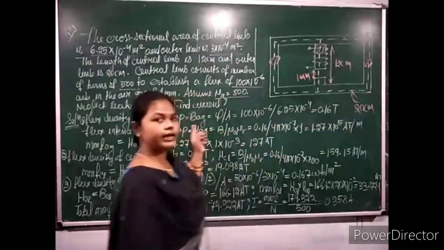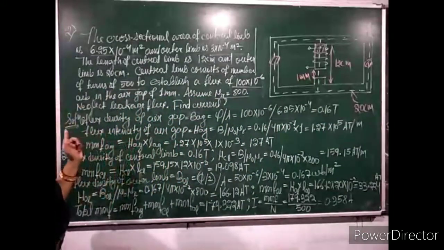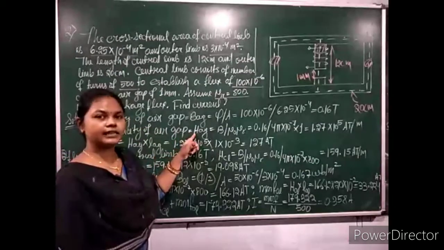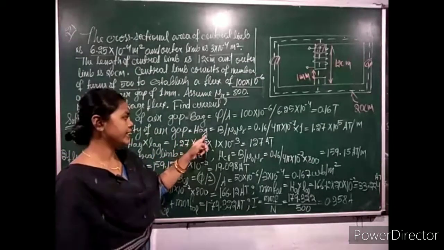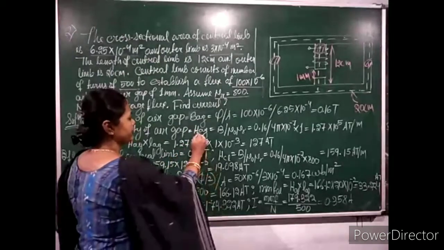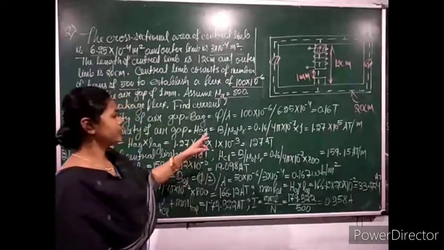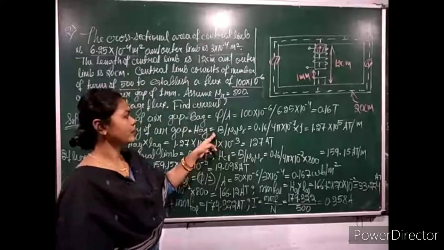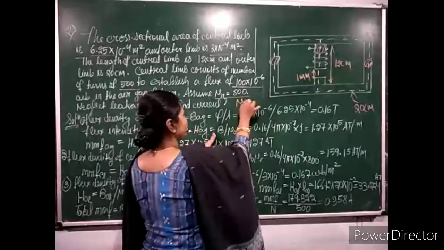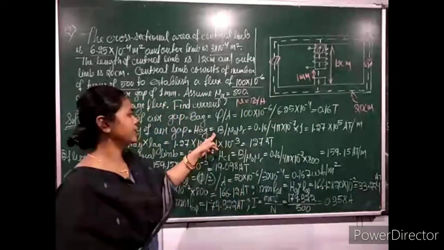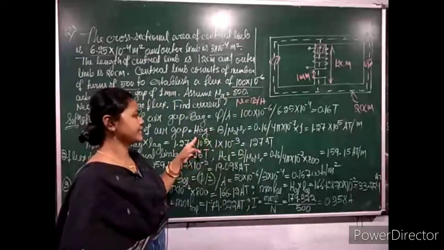Then you calculate the flux intensity of the air gap. Here I take it as H suffix Ag. You know the formula for permeability, mu is equal to B by H. By using this relation, you calculate the intensity.